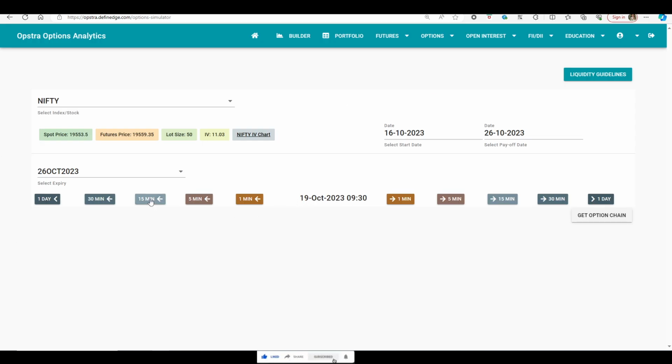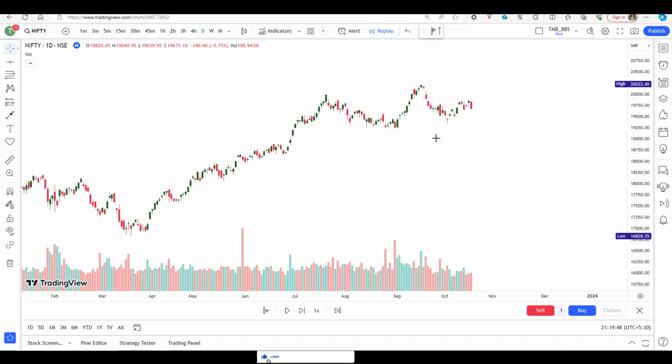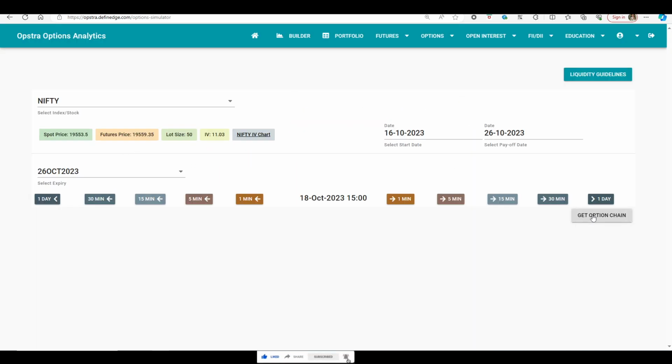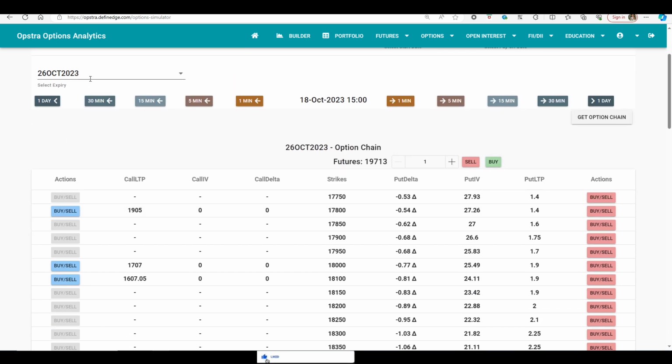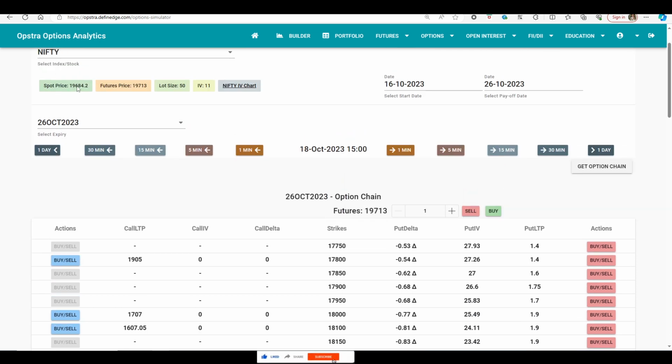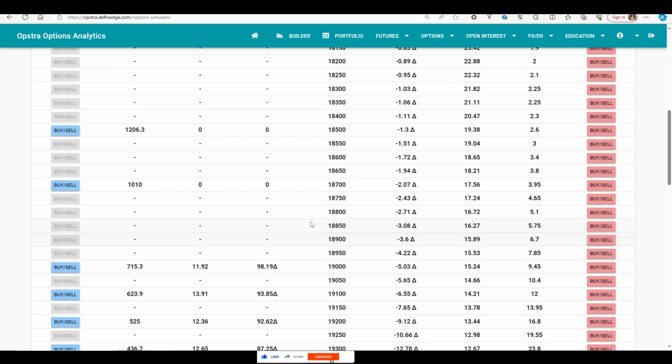What I am trying to do is take the position at 3 o'clock, because at 3 o'clock we will see the clear bias. At 3 o'clock, get the option chain and check the price: 19,684, that means 19,700.